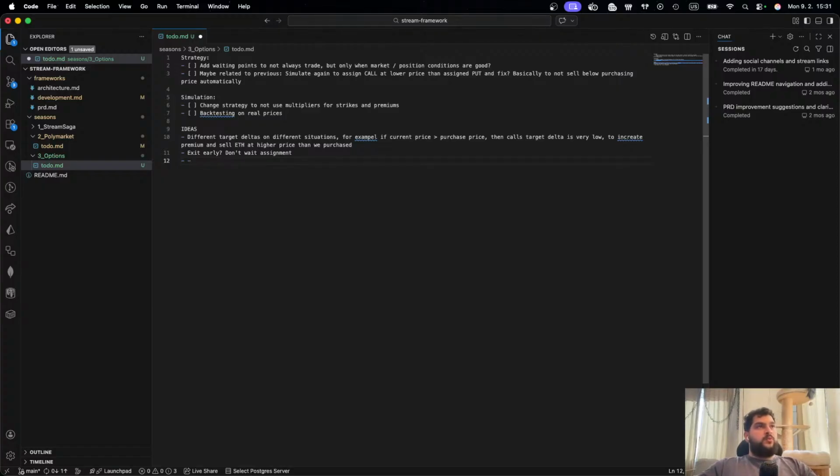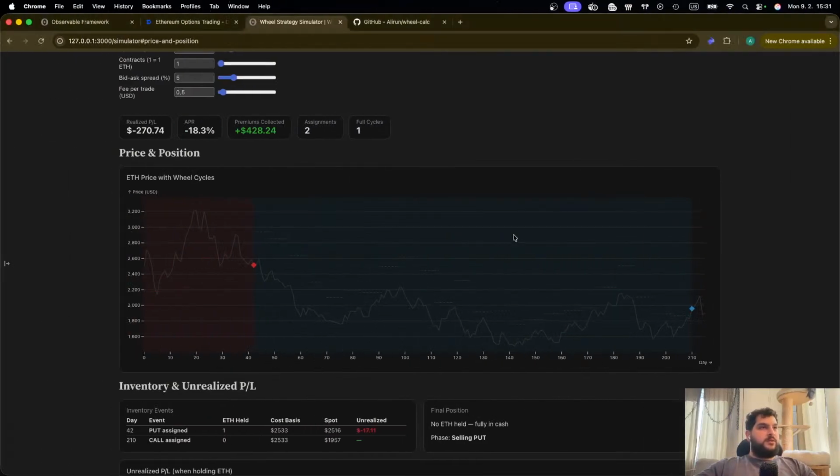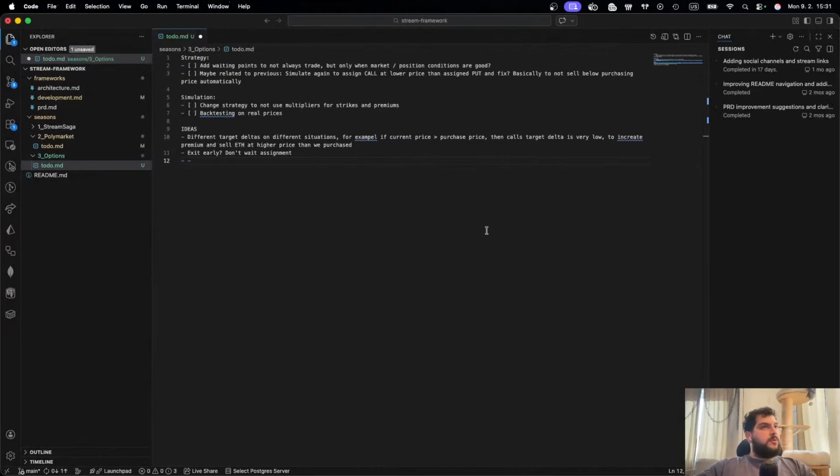So one of the options here is a stop loss, so we can get rid of our option before we are actually losing money or getting assigned.